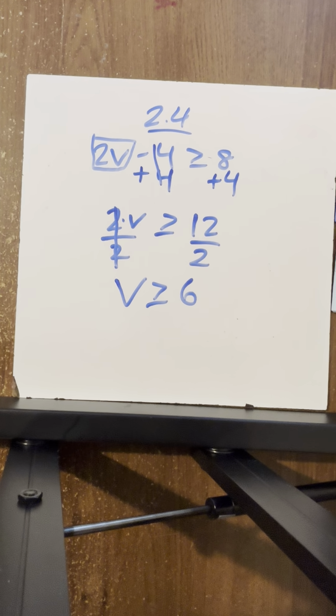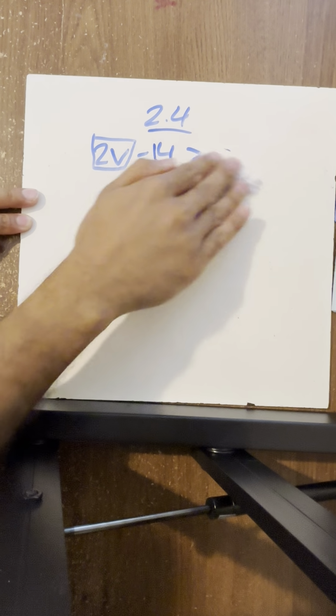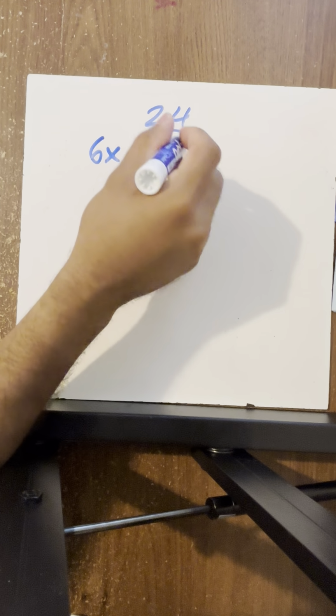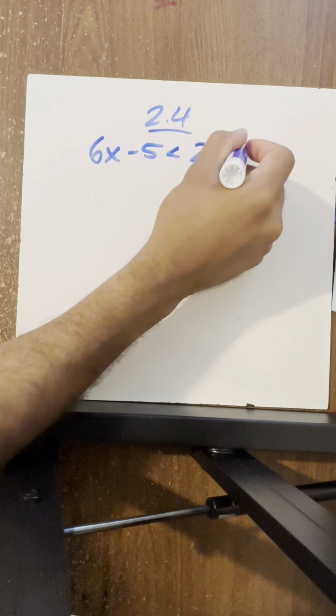All right, let's go and take a look at the next question, which has to do with solving an inequality with variables on both sides. So what we have is 6x minus 5 is less than 2x plus 11.